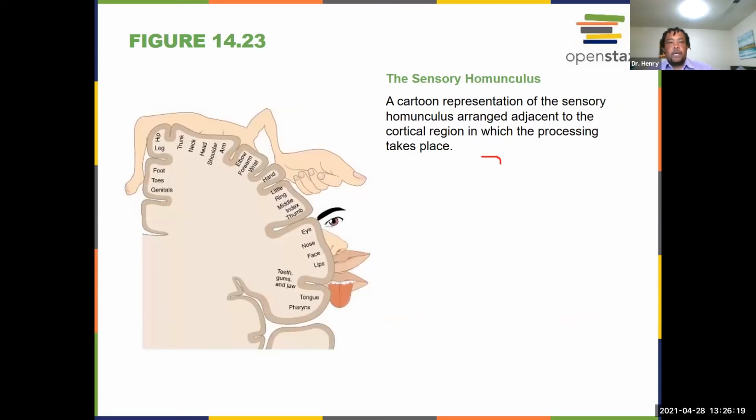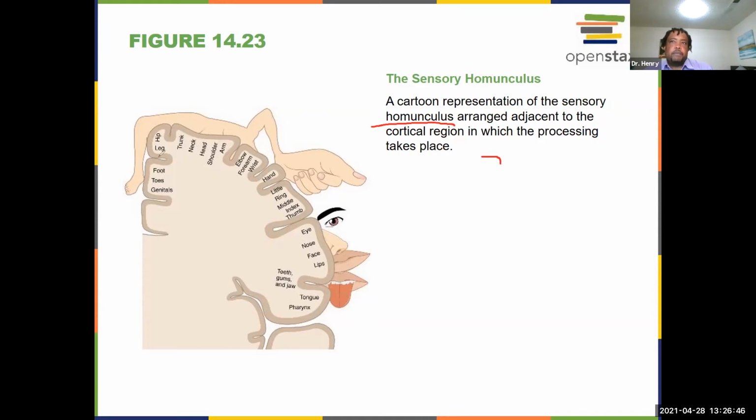Okay, so here we're talking about the cortical processing. This is just basically showing us, so this word here, this word means little man. And so this basically shows you in terms of that cortical region where all of the different processing is going to be taking place. So anything that deals with my genitalia is going to fall in this area.